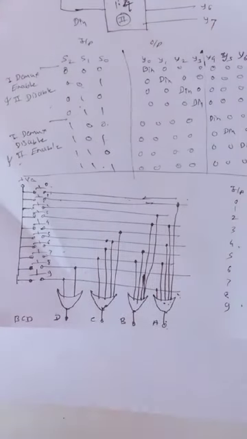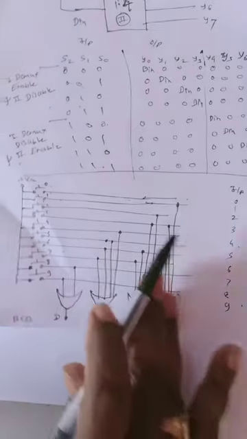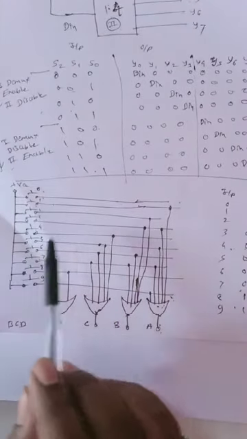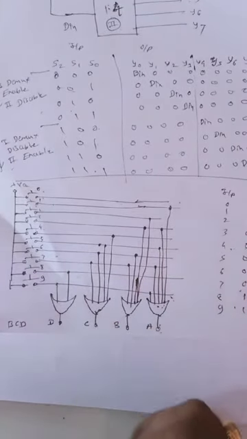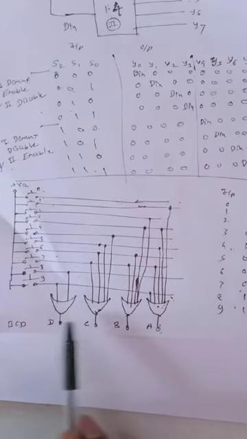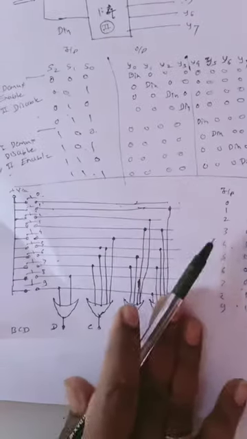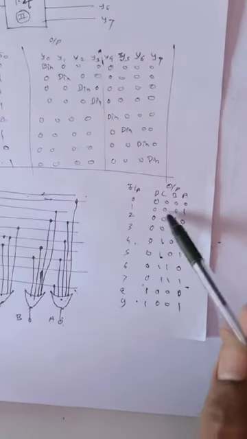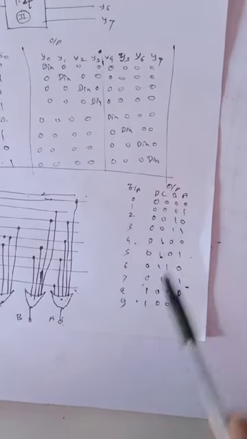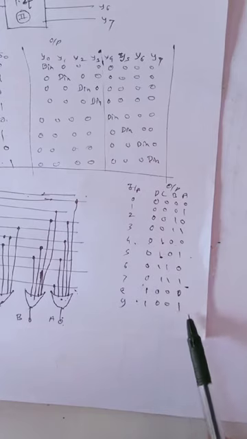One of the drawbacks of this circuit is if you press more than one key, you get an output that is not valid. The valid outputs are only 0000 to 1001. Why?